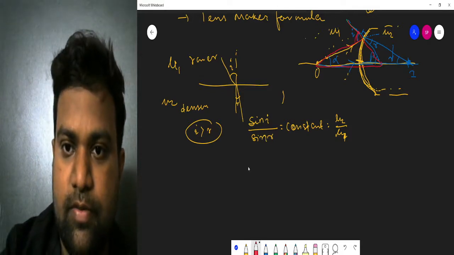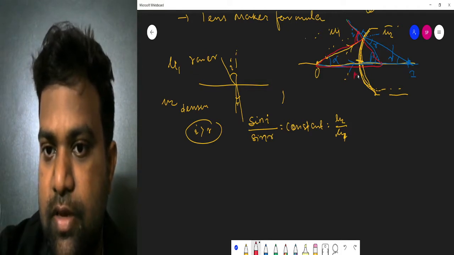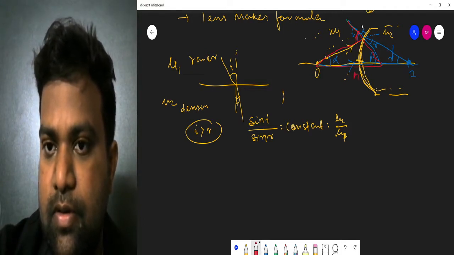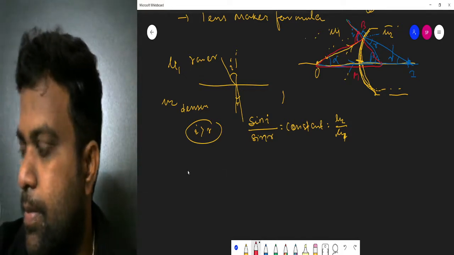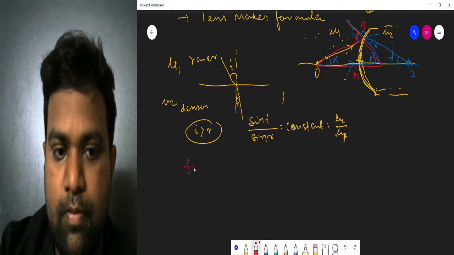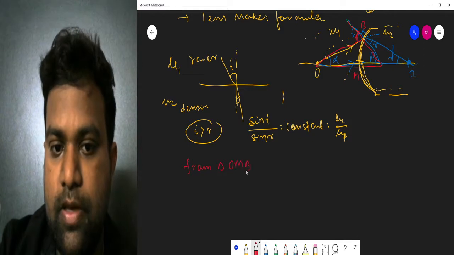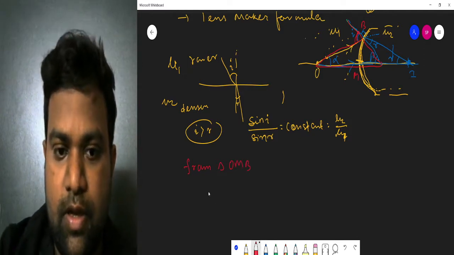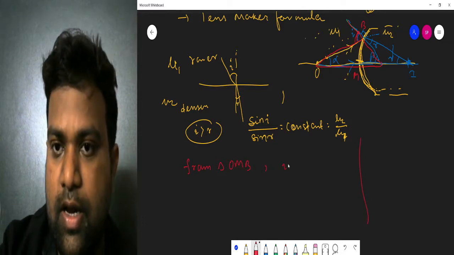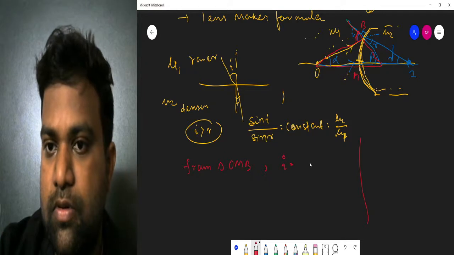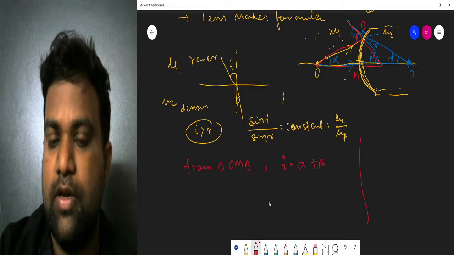So I can write from this triangle, let's say this is M and B. So from triangle OMB, you can see angle I equal to alpha plus beta. Clear?